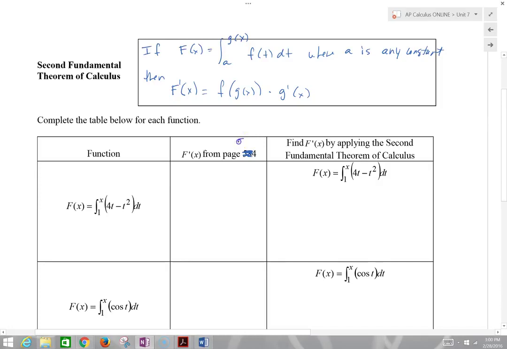I don't know what your page says, but this should say page 591. It's the page right before the one we're on.